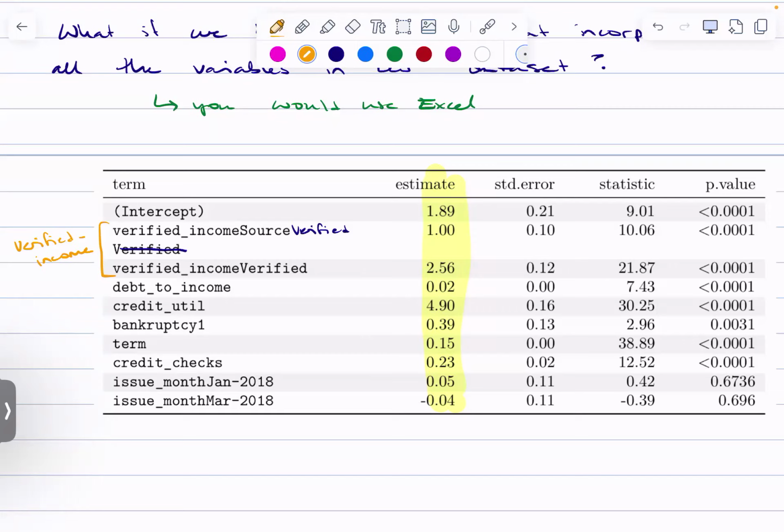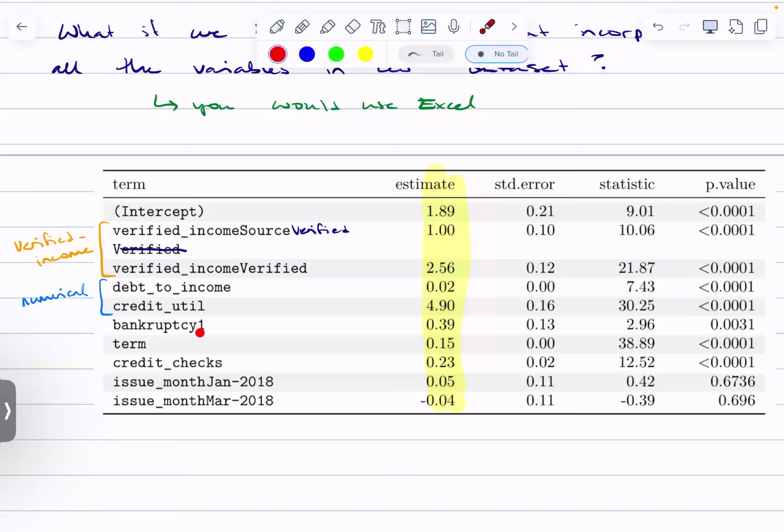And then we have some numerical explanatory variables. I've got my debt to income ratio. I've got my credit utilization, I think. And so these guys are numerical. The bankruptcy one is another indicator variable.